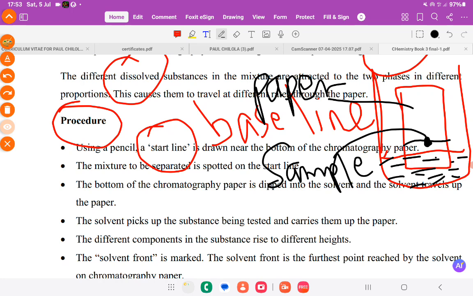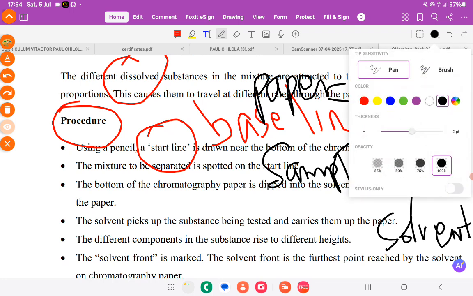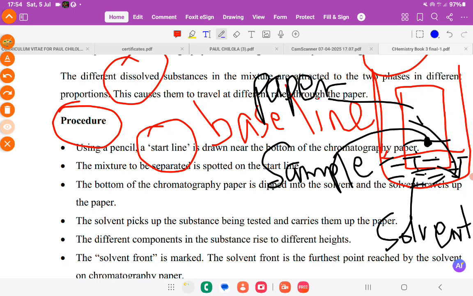So we are saying the bottom of the chromatograph paper is dipped. You dip this into the solvent. Take note, this is the solvent, and the solvent travels up the paper. So the particles of the solvent will rise up the paper like that.